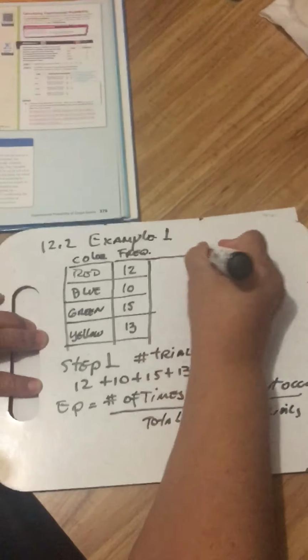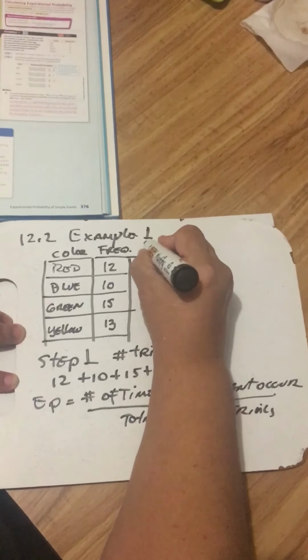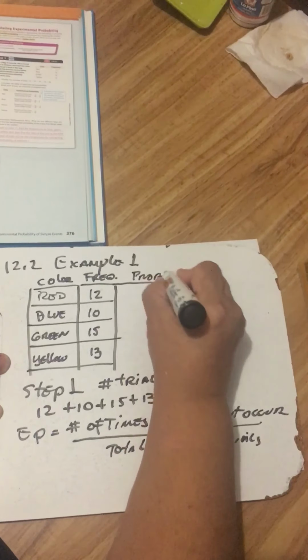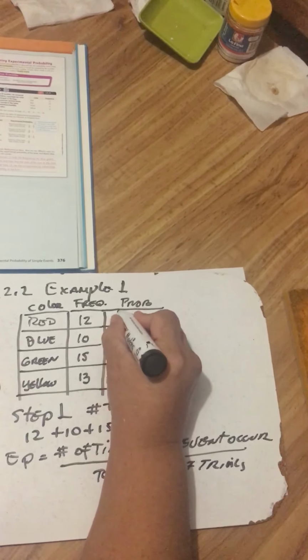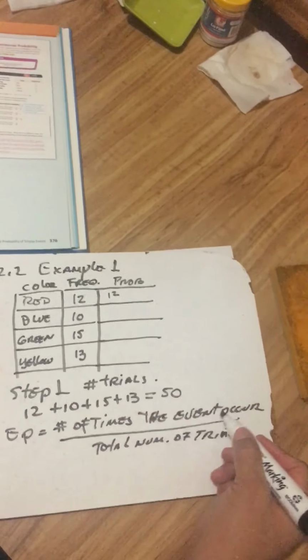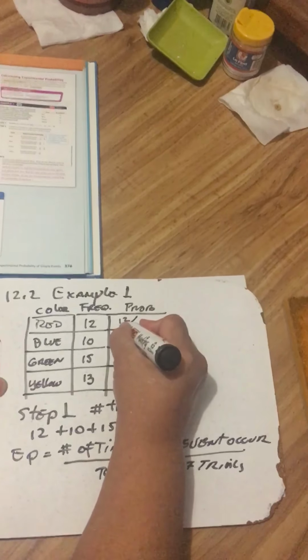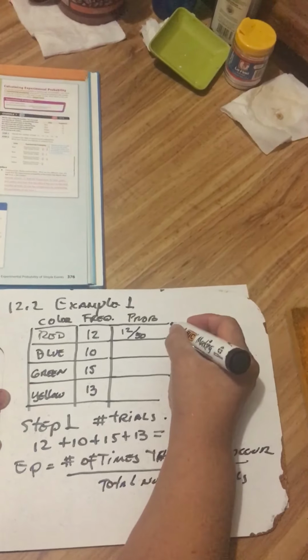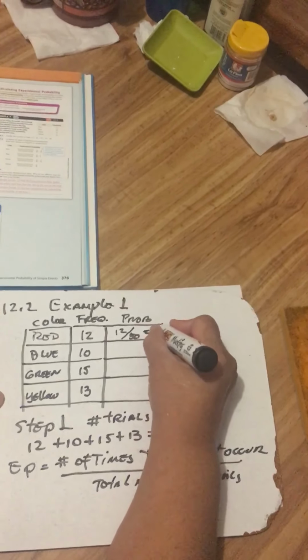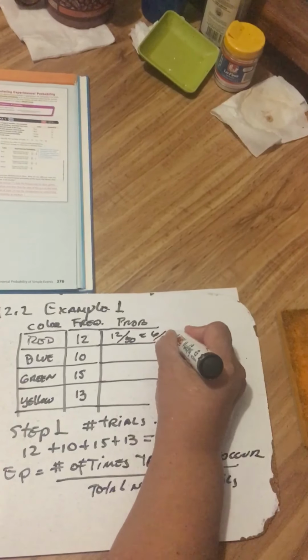Now we complete here with the probability. Here we have 12, the times the event occurs, divided by 50 because it's the total number of trials, and we simplify that and we obtain 6/25.